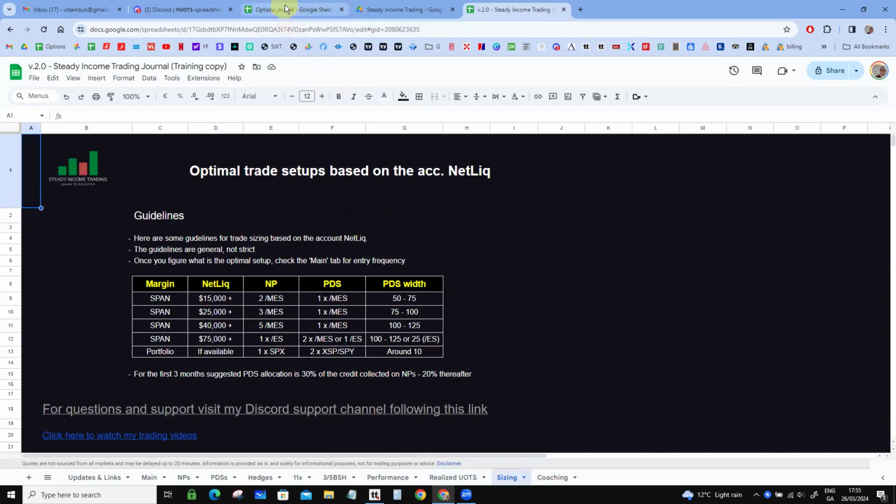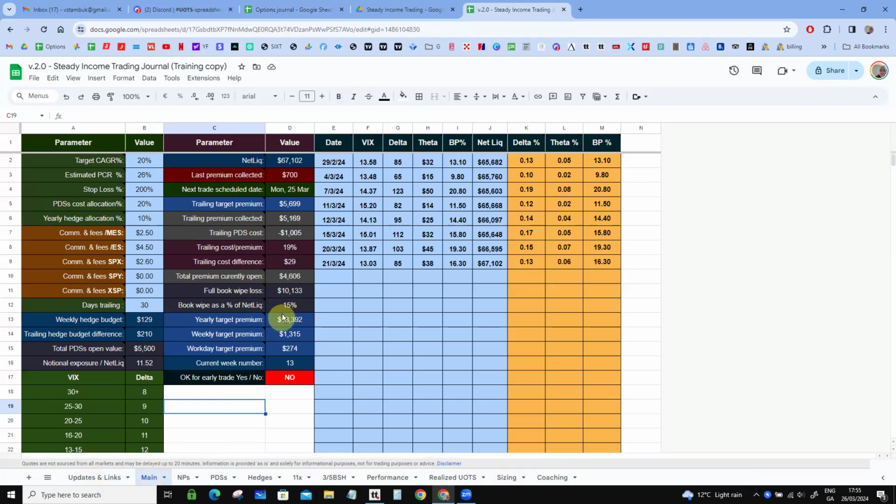So you go to main, and let's say you want to trade once per week. You would go to the platform, set up the trade, and see how much you collect. If you're collecting more than this, then you change to a lower instrument, going from ES to MES, or from 5 you go to 3, from 3 to 2.